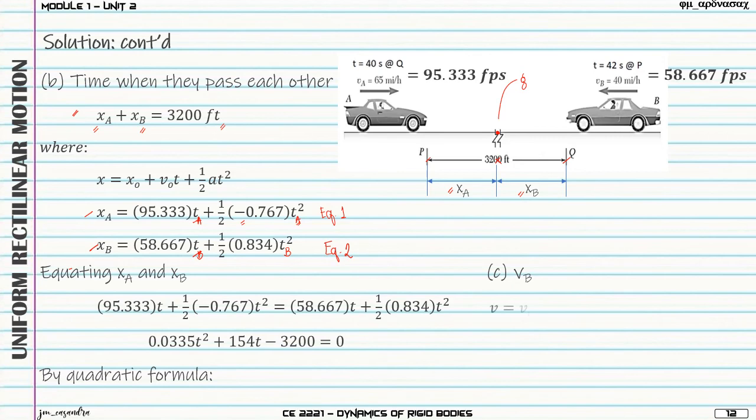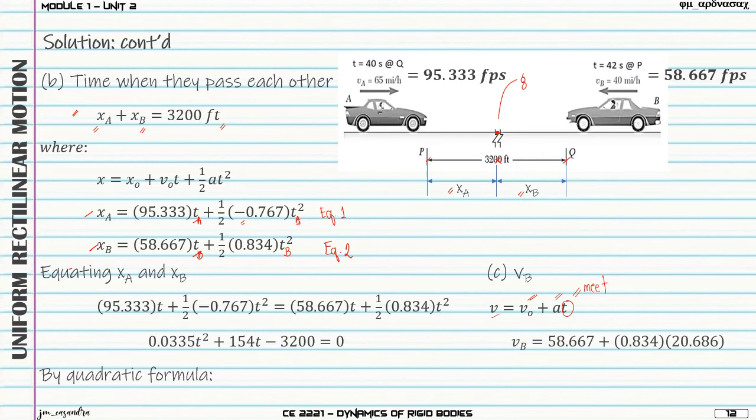So for our next required, we want to solve for the speed of vehicle or automobile B. So in here, we'll now use the equation V is equal to V sub O plus AT. So we know already your VO. We have solved in A, your acceleration. And we have solved the time to reach or to meet.